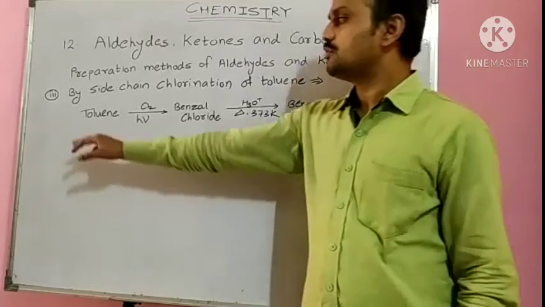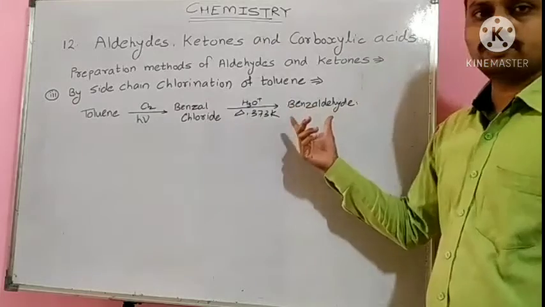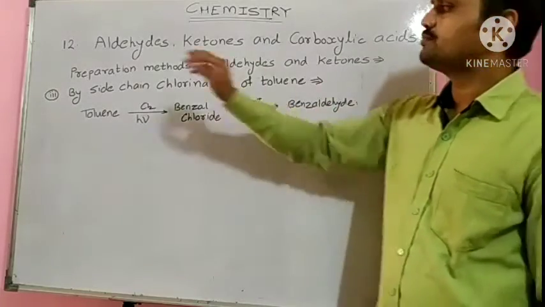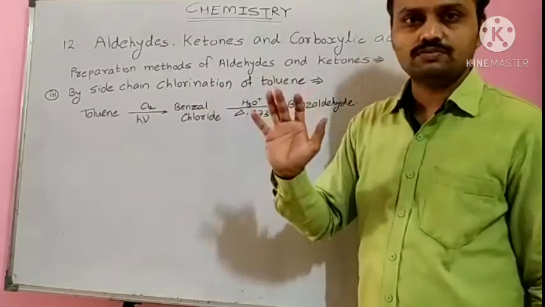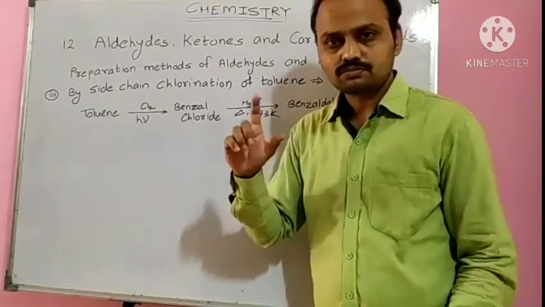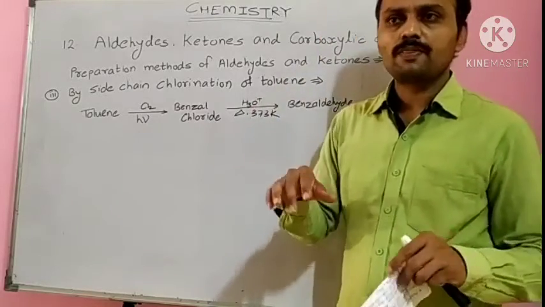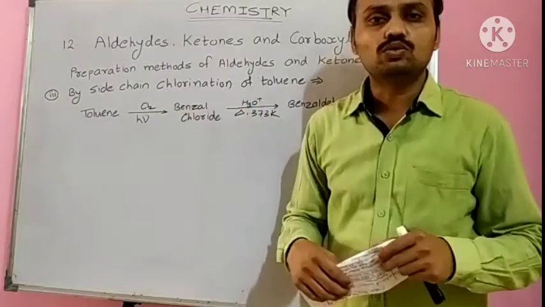Students, the third method of preparation of aldehydes and ketones, particularly aldehyde, is by side chain chlorination of toluene. Remember, side chain chlorination. Toluene is a benzene ring attached to an alkyl group, that is, a methyl group.